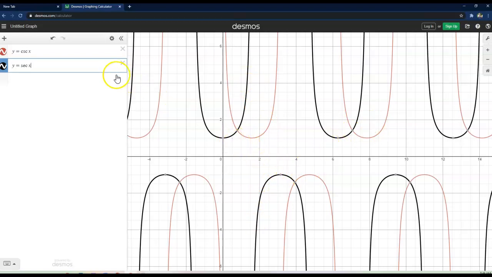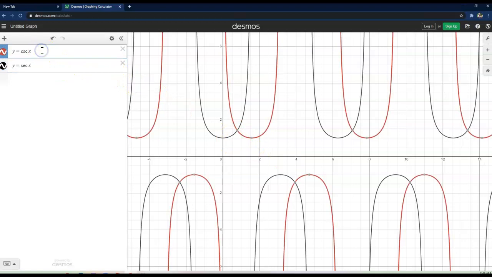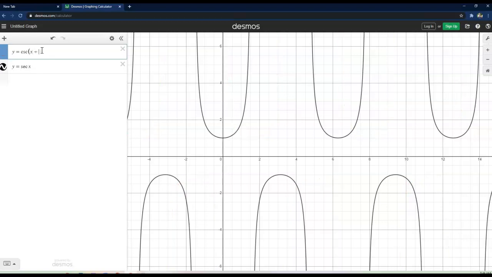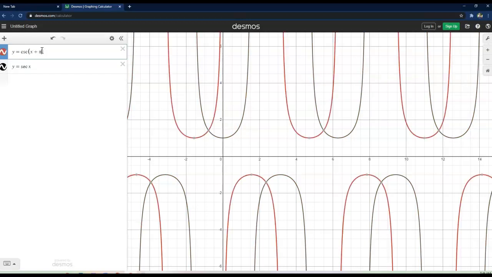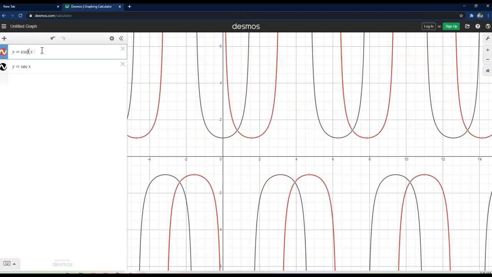So really, the truth of the matter is these functions are quite related. Okay, if I added a pi over 2 to this, notice how those functions now coincide. They're on top of each other. Okay, but we're not going to do that.